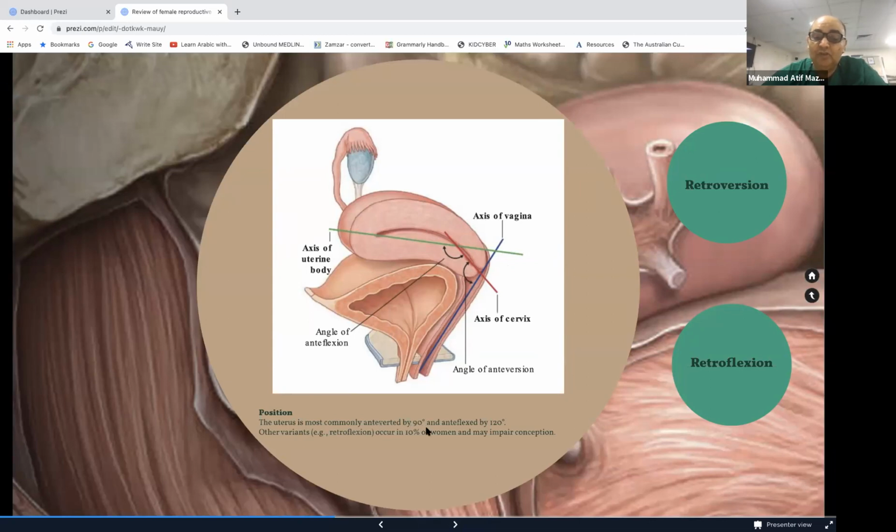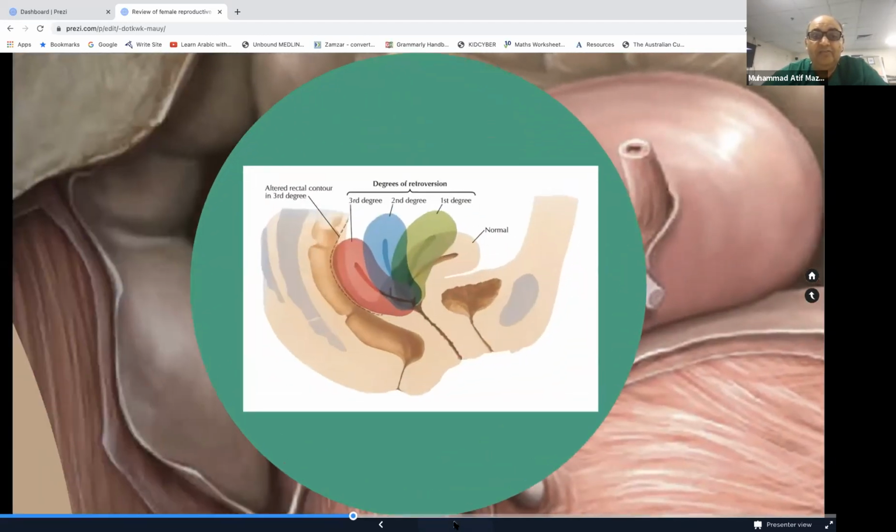So the uterus is most commonly what? Anteverted by 90 degrees and anteflexed by 120 degrees. These are the important variants, and you are expected to be good with them. Looking further, you can see the degree of retroversion. There are different degrees, but this is normal, and these are deviations from the normal.